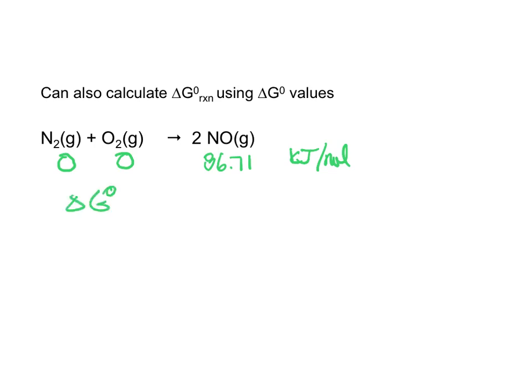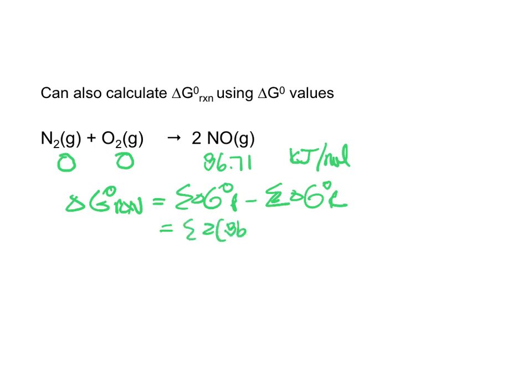You would say delta G0 of reaction is the sum of the delta G0 of the products minus the sum of the delta G0 of the reactants. All you would do is put the numbers in. Did I say the word easy points? 2 times 86.71, those are your products, and your reactants, oh, that's a gift. So essentially what you get is a value of 173.1 kilojoules per mole.